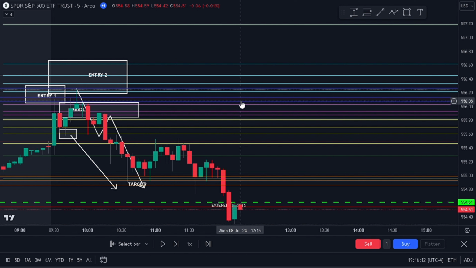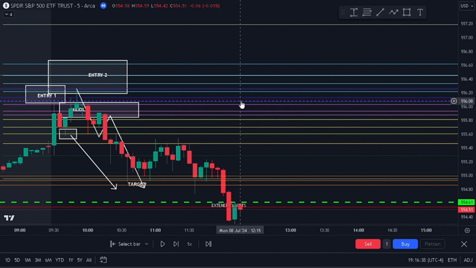Use the algo for your entries. Don't just blindly enter the positions and hope to hit the target's direction. Because I'm not worried about the direction. I'm worried about how we are going to get to that target. And that's where you use the algo entry points.